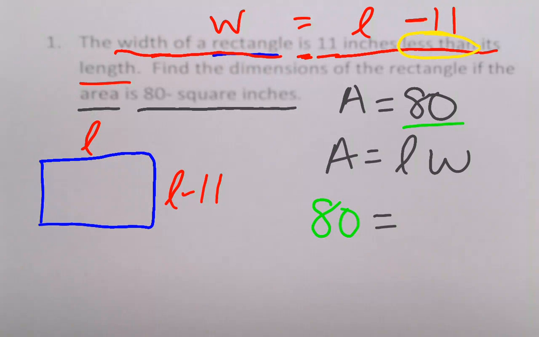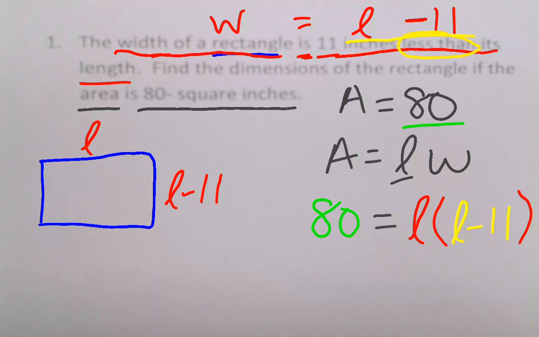I don't know my length, but I know that I could write my width in terms of length, and I could write it as L minus 11. So now I only have one variable instead of two going on.